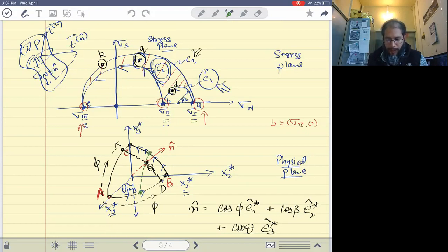The point on AB will lie on your circle AB, and the second point will lie on your BC, which is your circle number C2 here.